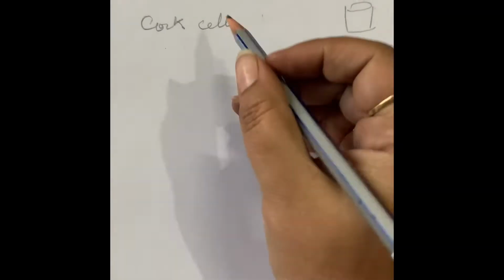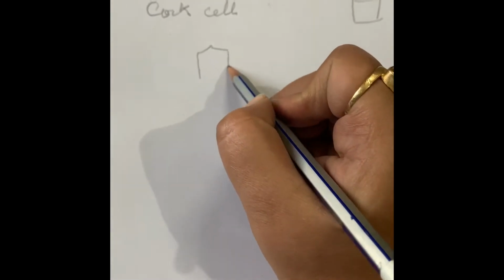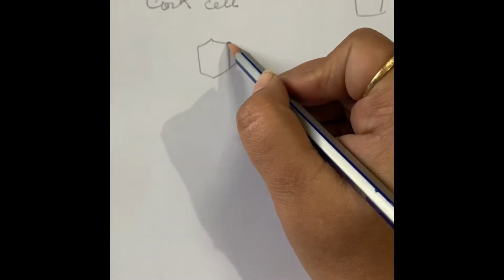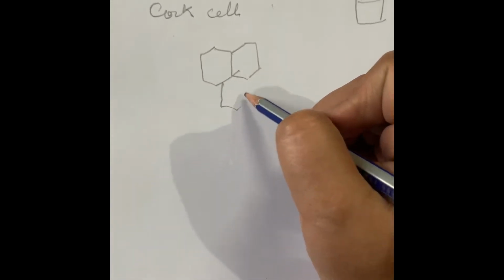You have seen it somewhat like this shape, and he had made a slice of this and seen it under the primitive microscope. He could see structures like this under the microscope, and he named these structures as cell.